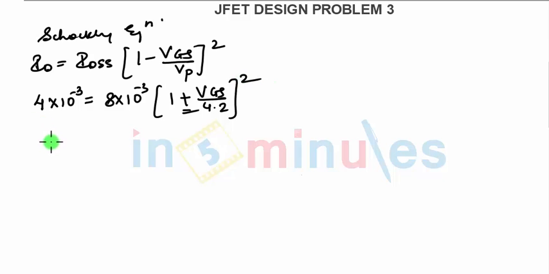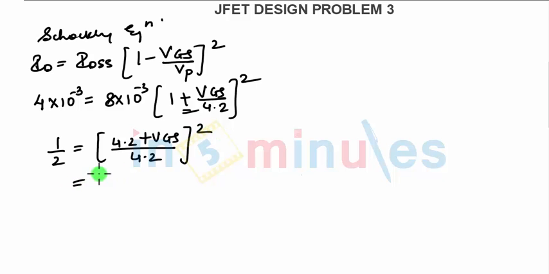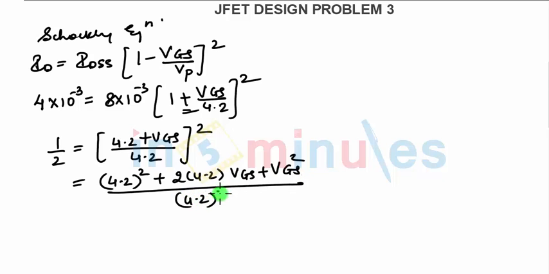So again solving, it will be half equals (4.2 plus VGS) upon 4.2, the whole square. So what we can do, (a plus b) the whole square: 2 into 4.2 into VGS plus VGS square upon 4.2 square is half. On solving, you will get two roots for VGS.